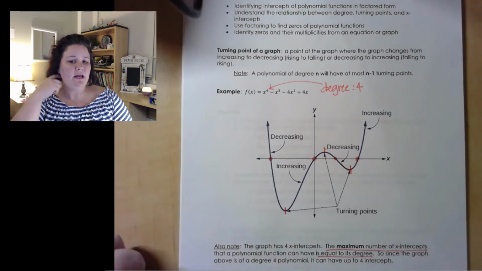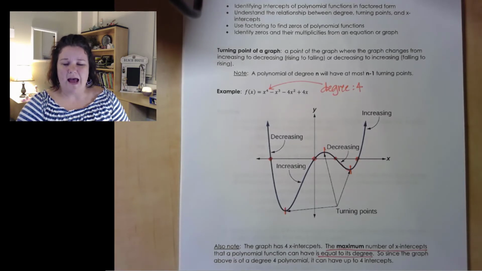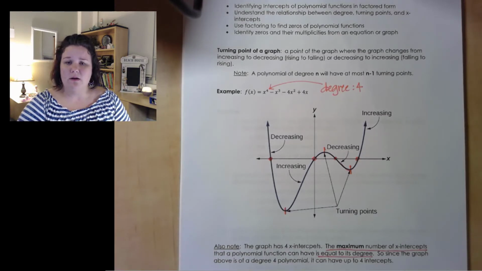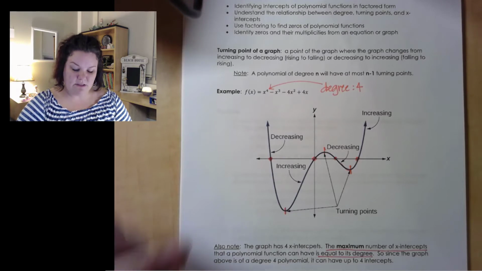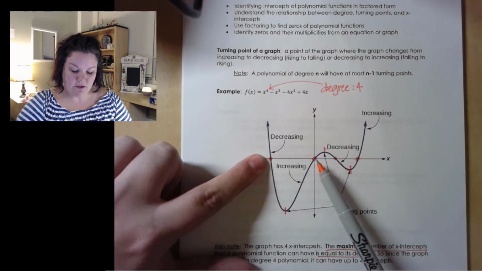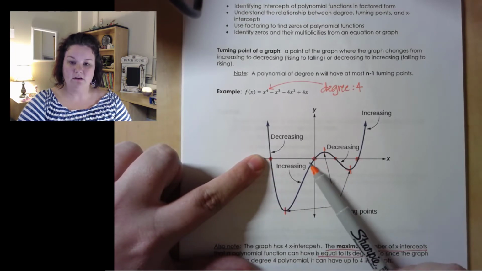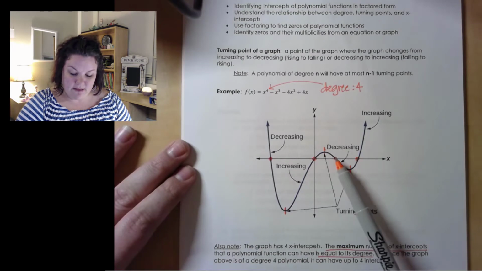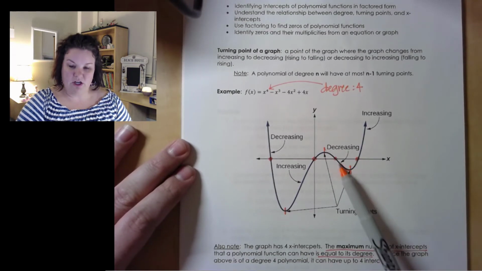So when you look at this picture, the number of turning points we have has somewhat of a pattern also, because the only way that something can change from increasing to decreasing or decreasing to increasing is at these very specific points in between intercepts, right? So between this intercept and this intercept is when it changed from decreasing to increasing. Between this intercept and this intercept is when it changed again, and between these two is when it changed.